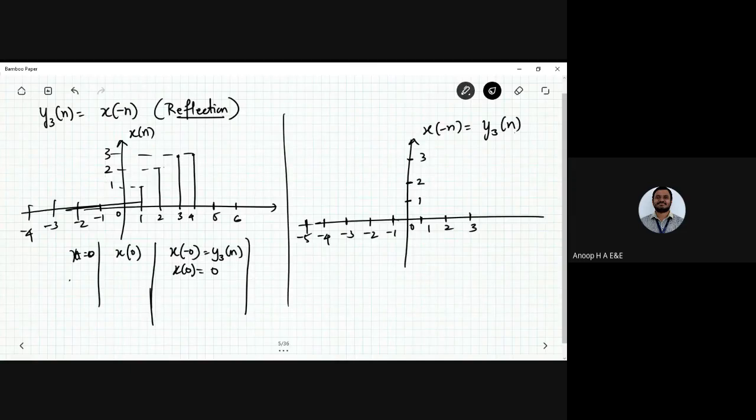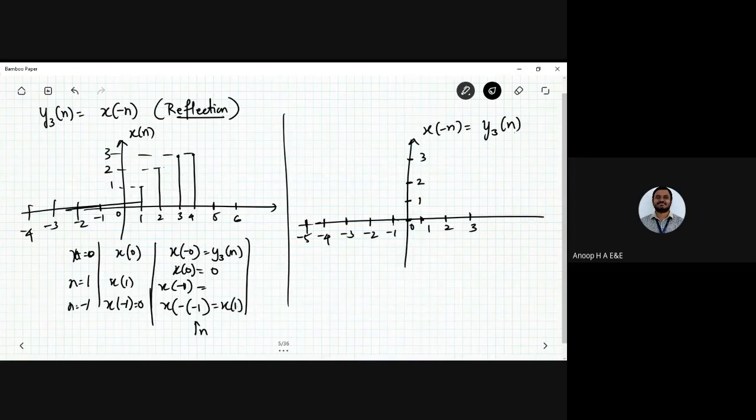Now n equals 1, x of 1, that is x of minus 1. What's the value of x of minus 1 here? At 1 it is equal to 0, so it is a reflected version of it. When n equals minus 1, the value is 0. I repeat, this is the value of n, so that is x of 1.